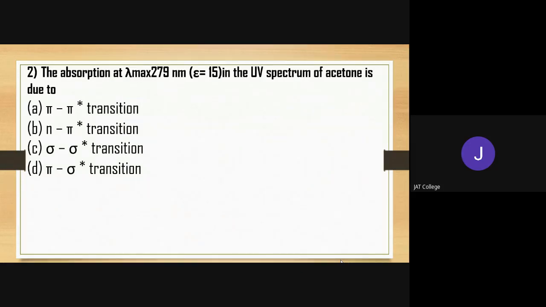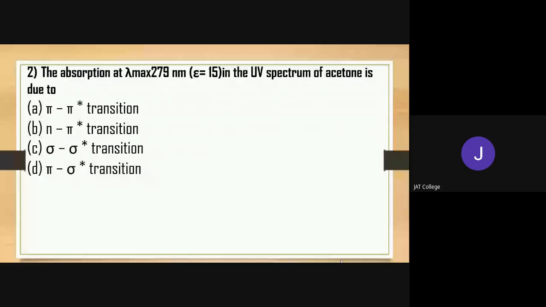If we arrange these transitions, the highest energy is required for sigma to sigma star, then sigma to pi star, then pi to pi star, and n to pi star. This is the decreasing order of energy.